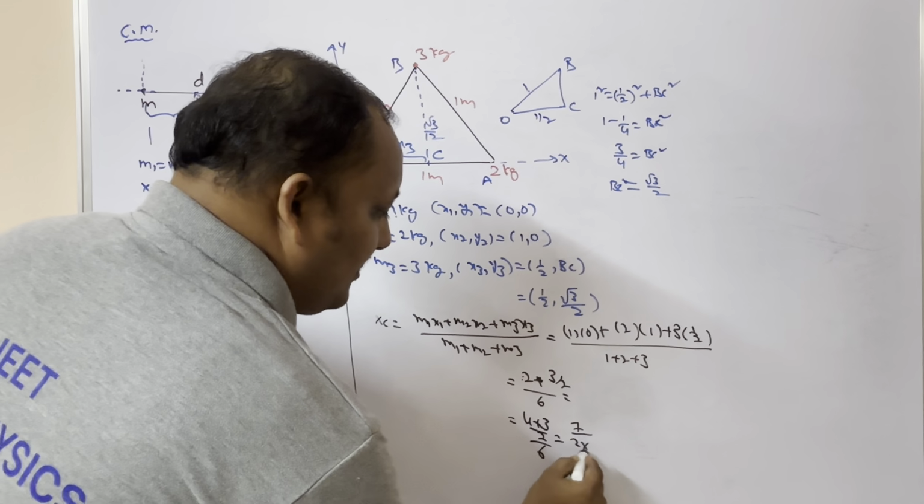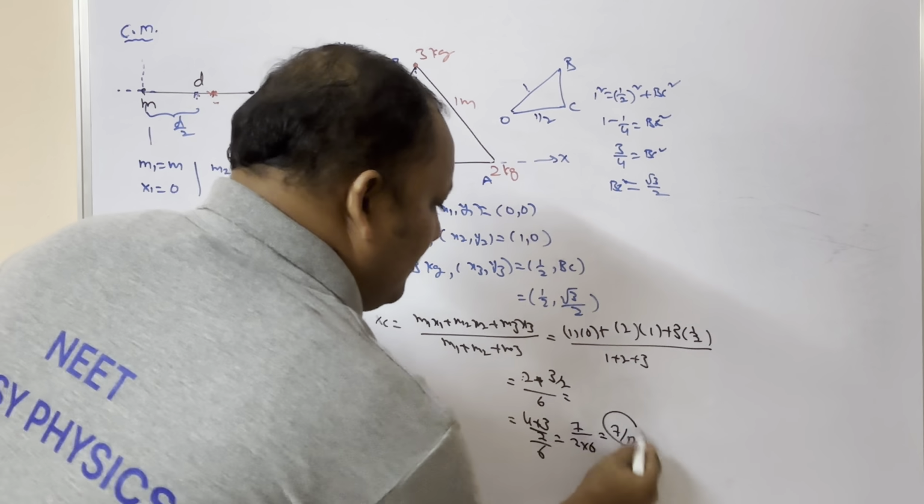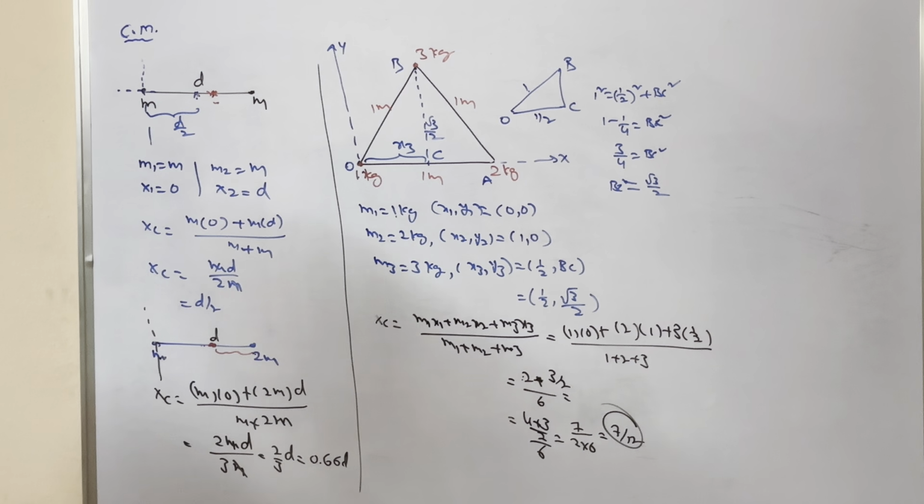So 7 by 2 into 6. That is nothing but 7 by 12.